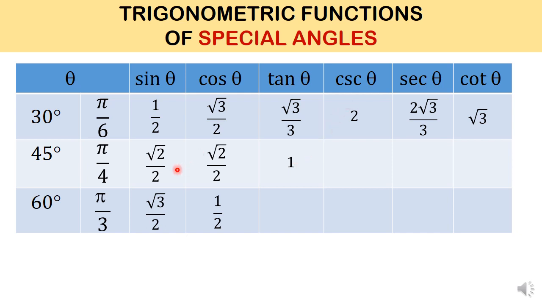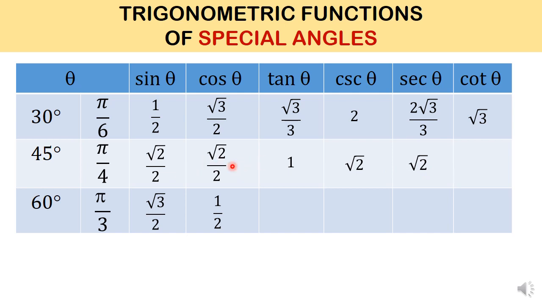So it's originally 1 over square root of 2. So this will be just square root of 2. Then for secant theta, since sine and cosine are equal, we can expect that this will be equal to cosecant theta as well. So our cotangent theta, again, it will be cosine over sine or the reciprocal of 1, which is also 1.